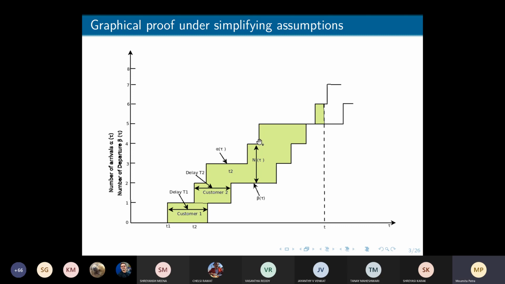If you find the area of this entire graph, you will find out the number of customers that are currently in the system. I hope the graph is clear to you, how it looks.